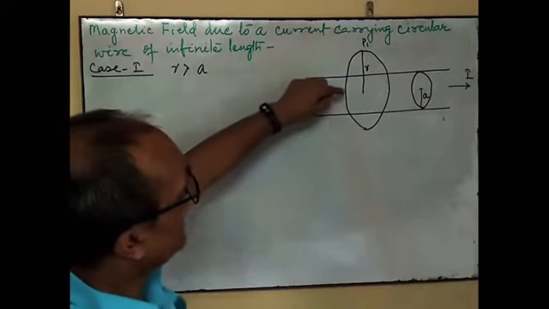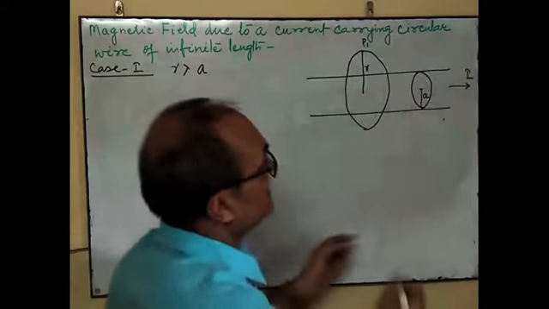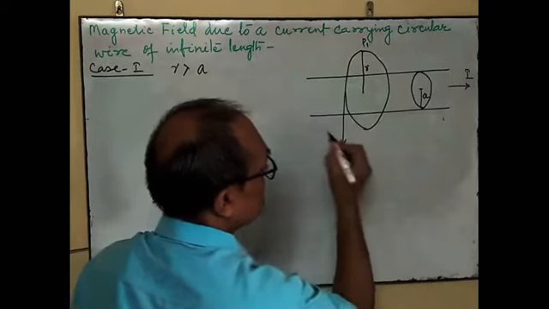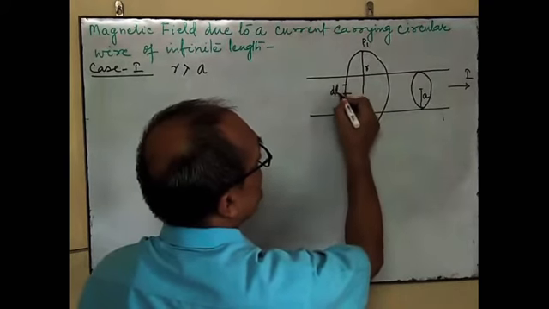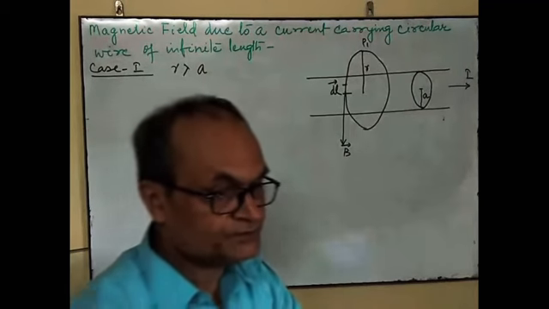At this point, if the direction of the current is in this direction, then the magnetic field will be in this direction, that is B. And consider here a small element dl of this Amperian loop.